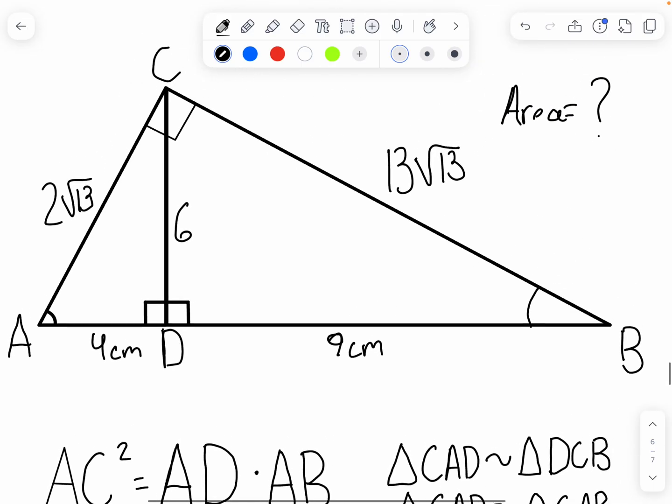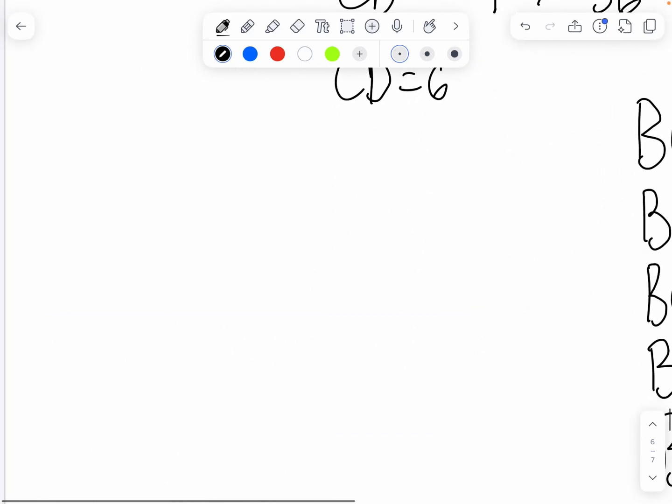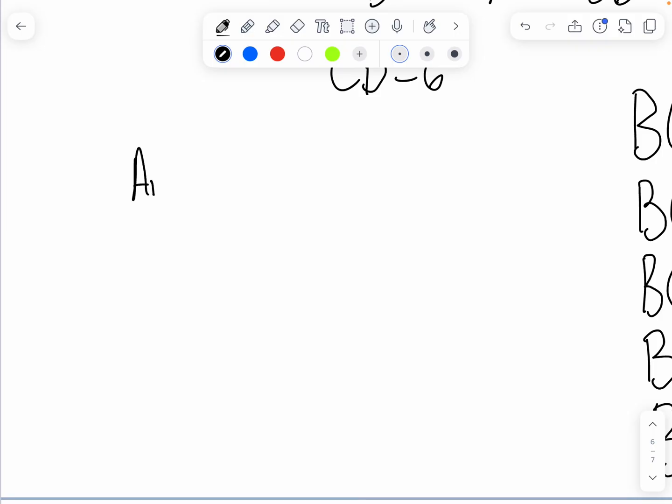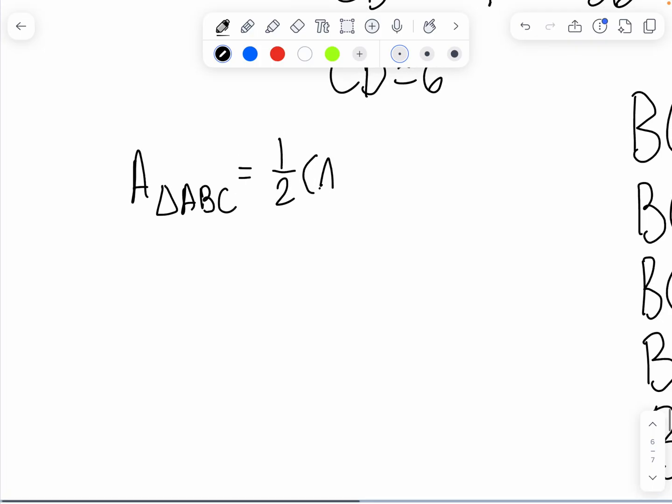And now we have to find the area. So for the area, all we have to do is 1/2 times AC times BC.